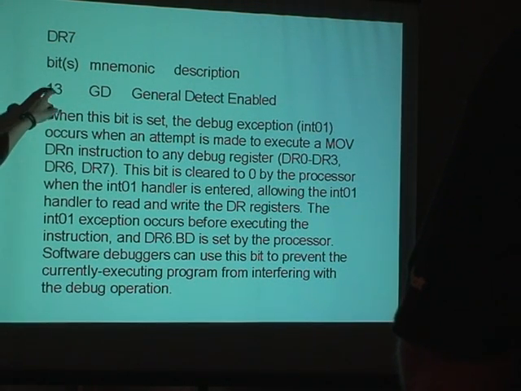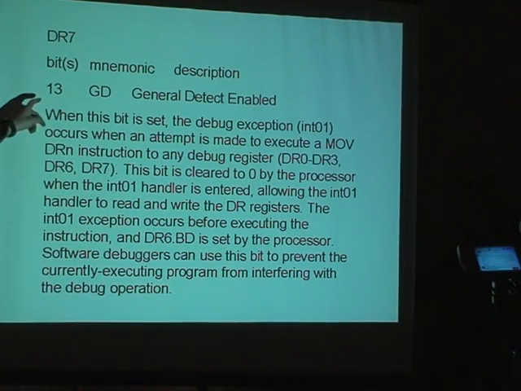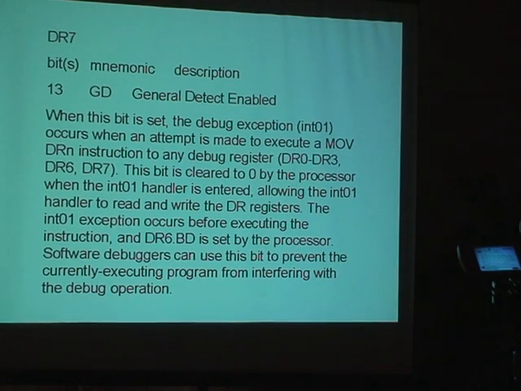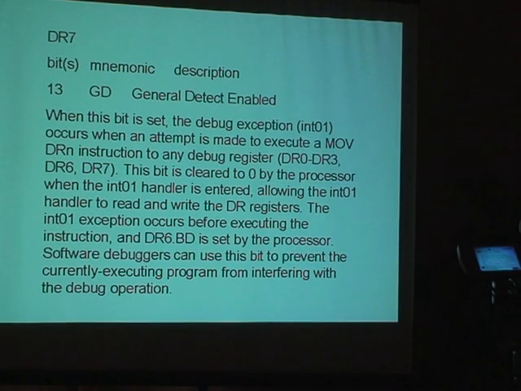When bit 13 of debug register 7 is set, we can detect accessing of debug registers. When this bit is set, this interrupt 1 triggers when an attempt is made to execute a move debug register instruction to any of the debug registers.